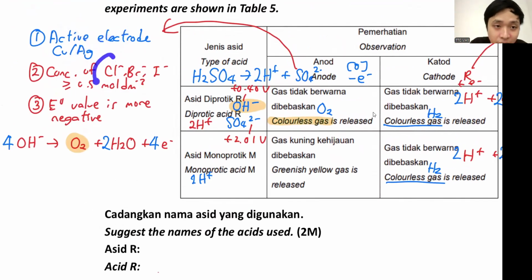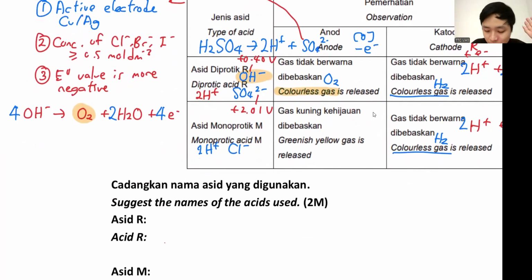The only possible one is the second factor. Check. Which one is the greenish yellow gas produced? Which ion? Cl minus. So what is the possible acid? Okay. Now same thing. Actually, this acid also contains hydroxide ion, because you have to put it inside water.